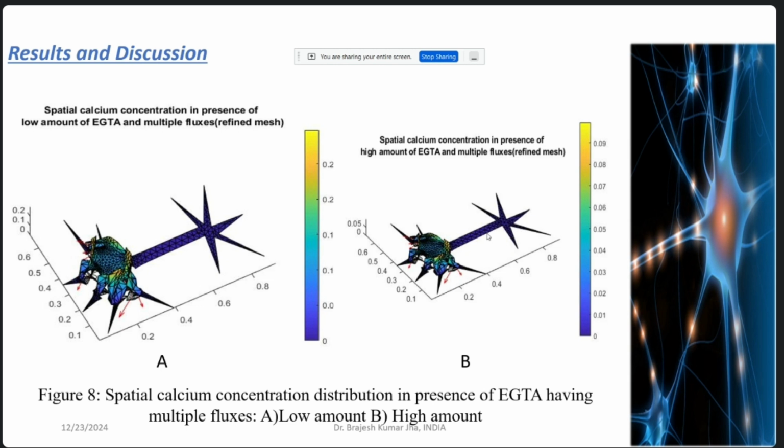Cardiac myocyte is there, hepatocyte is there. Here, all these cells are working as a system.